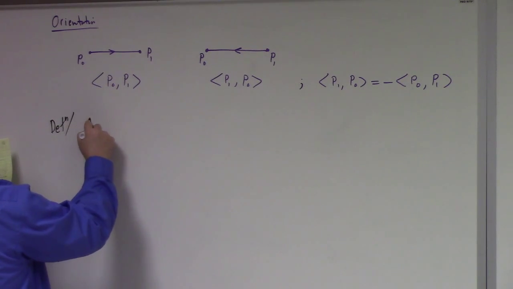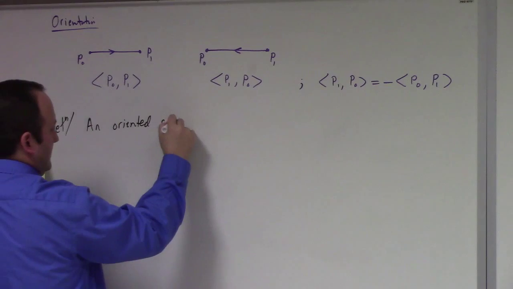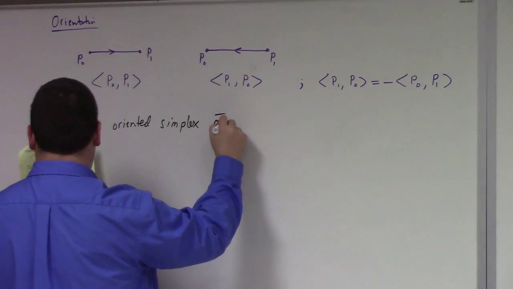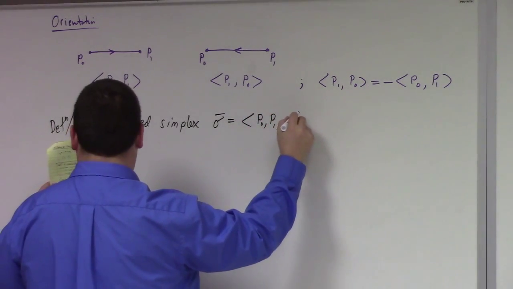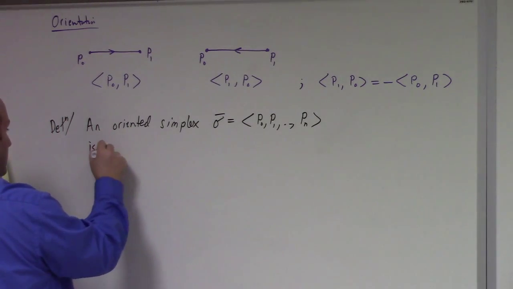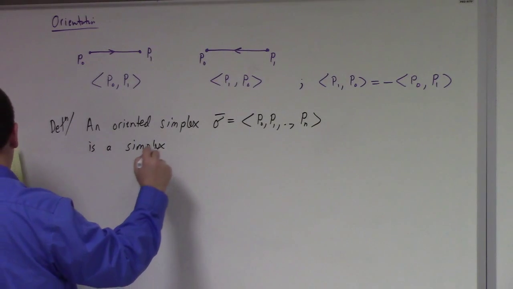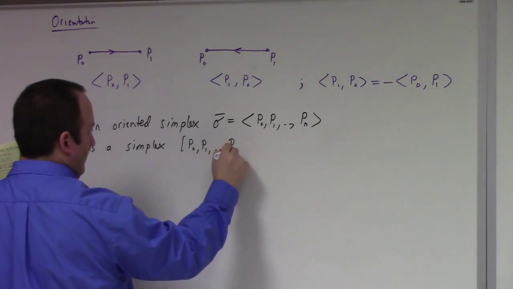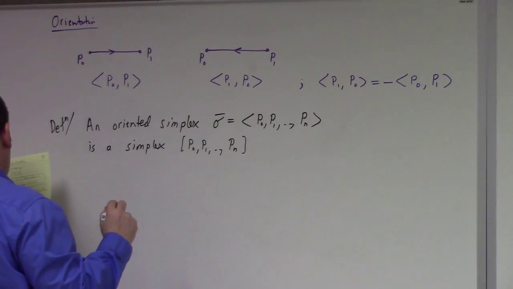Is this shocking? An oriented simplex, and we'll use sigma bar, P0, P1 through Pn, is a simplex, the convex hull of these points where the order of the points is fixed up to an even permutation.